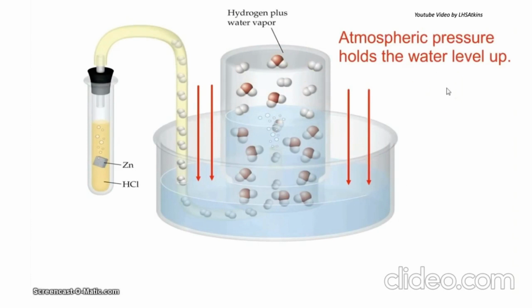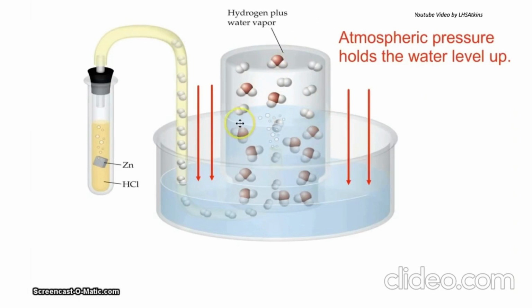So they're equal. You might just say that whatever the pressure of the hydrogen gas I bubbled in here is just atmospheric pressure, easy enough. But we have a problem. If you see the label here, it says hydrogen plus water vapor. It's not only hydrogen that's pushing down on this water. So we can't say that the pressure of the hydrogen, the stuff we care about, is equal to atmospheric pressure, because there's other stuff in there.